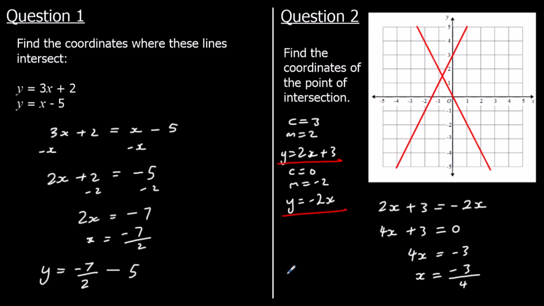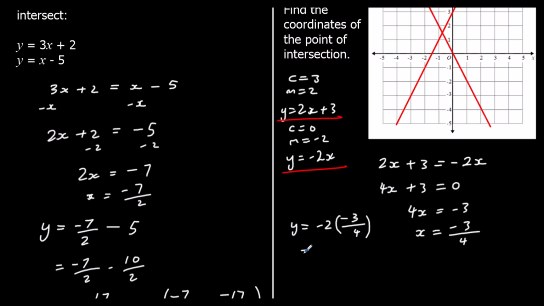And if I substitute that in to the second equation, a negative times a negative is positive. 2 times 3/4 is 6/4, or 1.5. So 3 over 2.